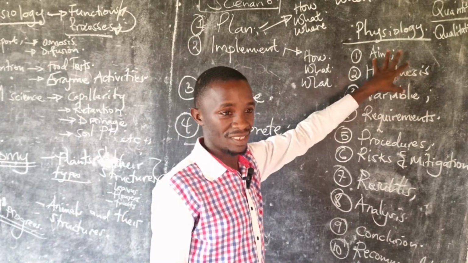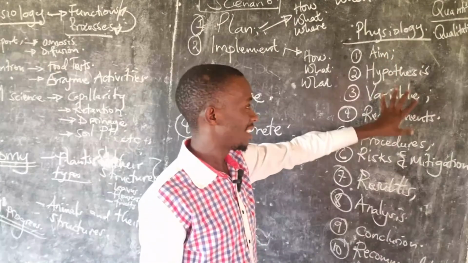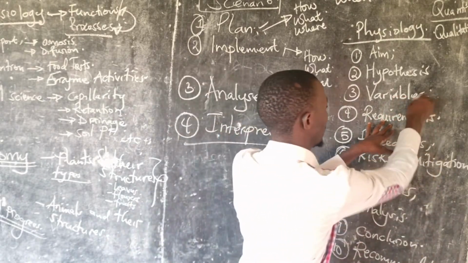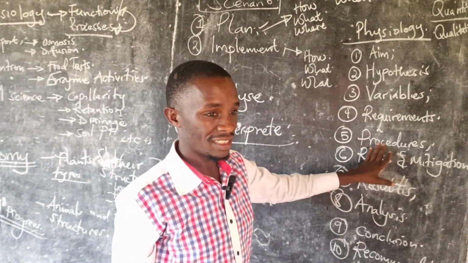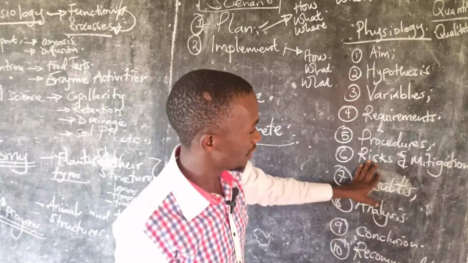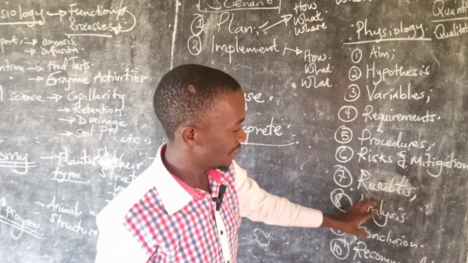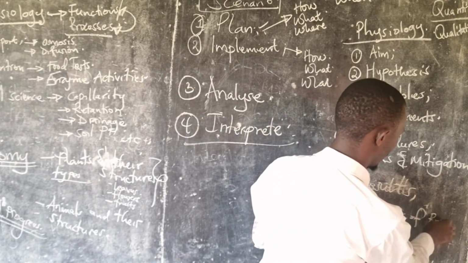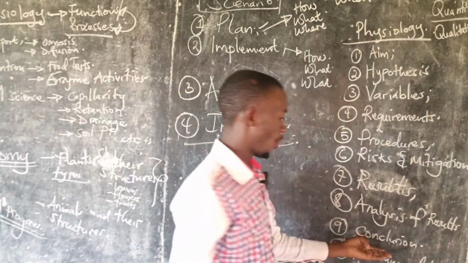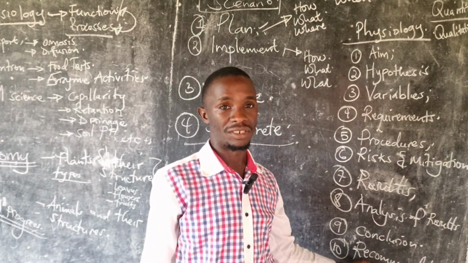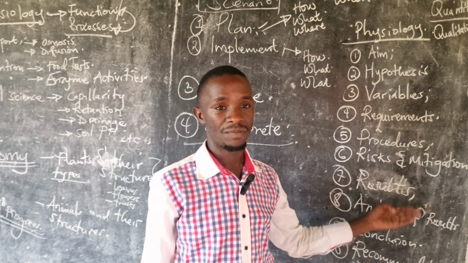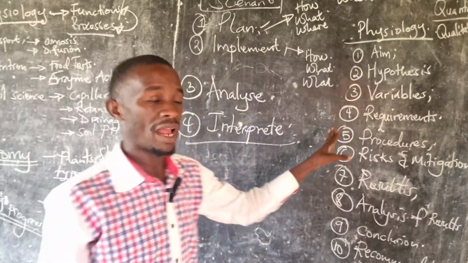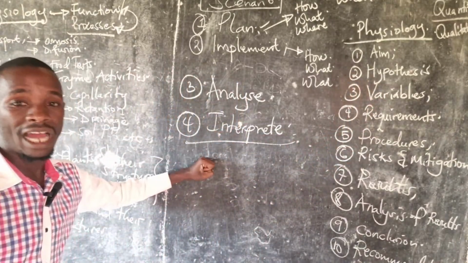Aim, hypothesis, variables, requirements, procedures, risks and mitigations, results, analysis of results, conclusion, and then a recommendation. We are going to use these as we are replying to physiology items.